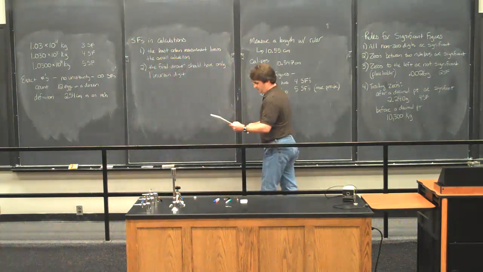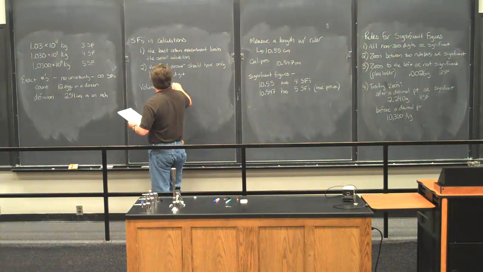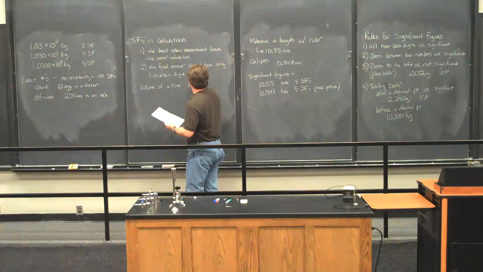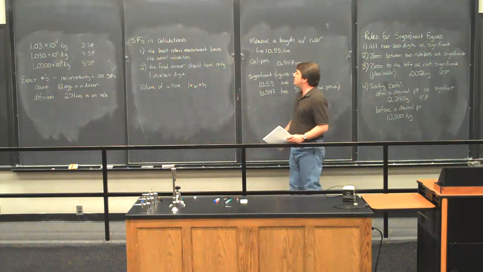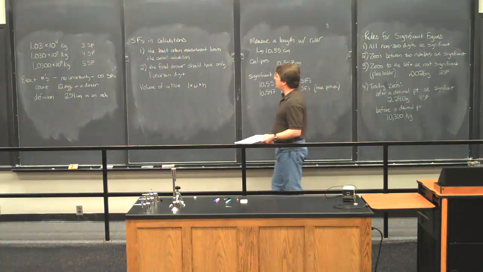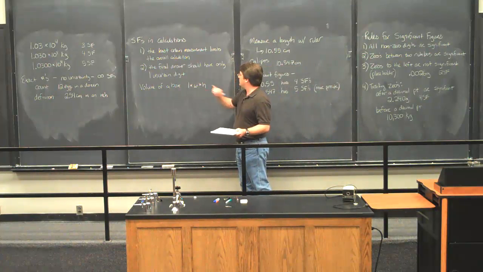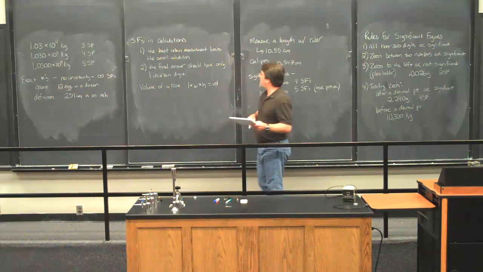So, for instance, let's say we're calculating the volume of a box, right? Length times width times height. And I'm going to make 3 distance measurements to figure out the volume of this box, and then I'll multiply the length measurement times the width measurement times the height to get the volume of that box.